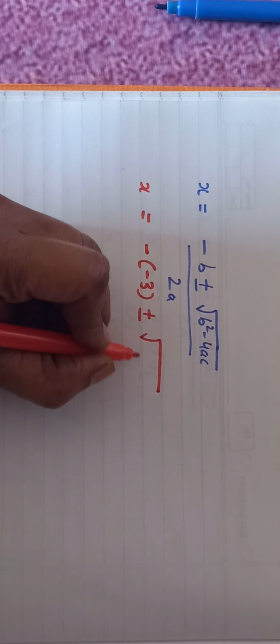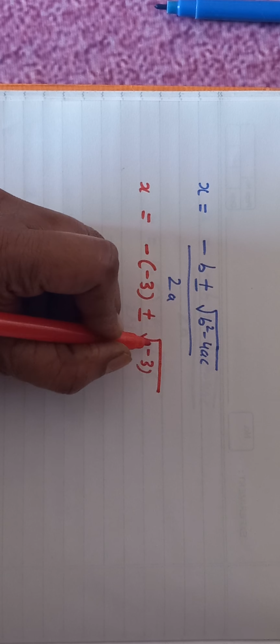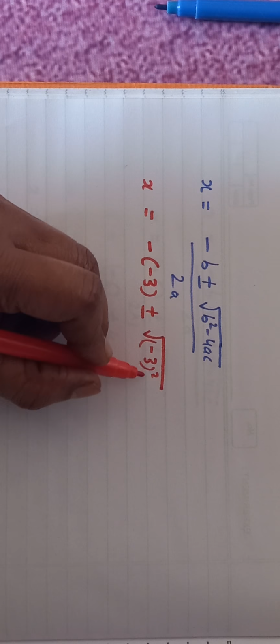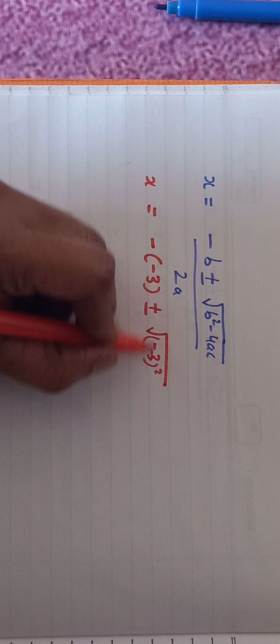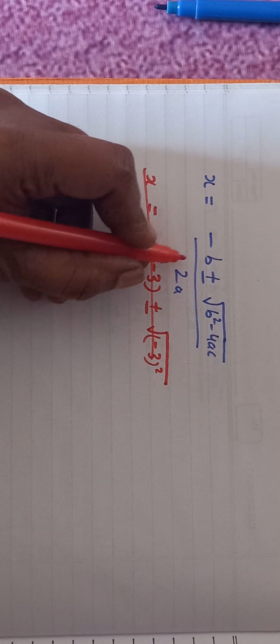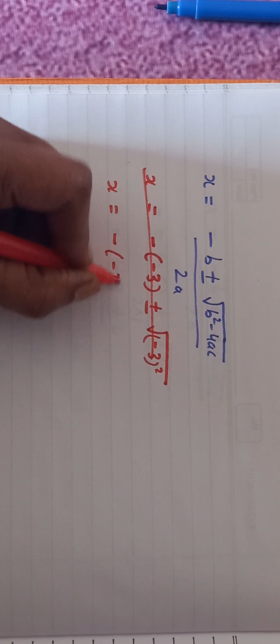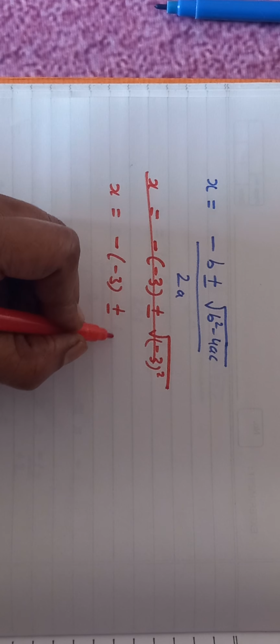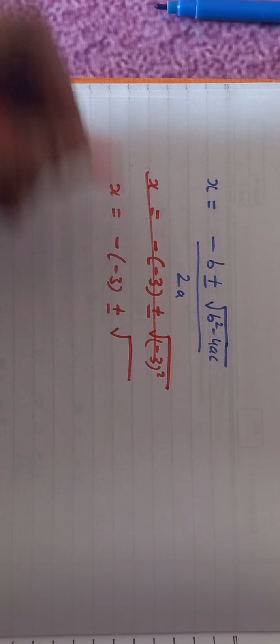Now we need not write this step because b square minus 4ac we have already got, the answer is 17.